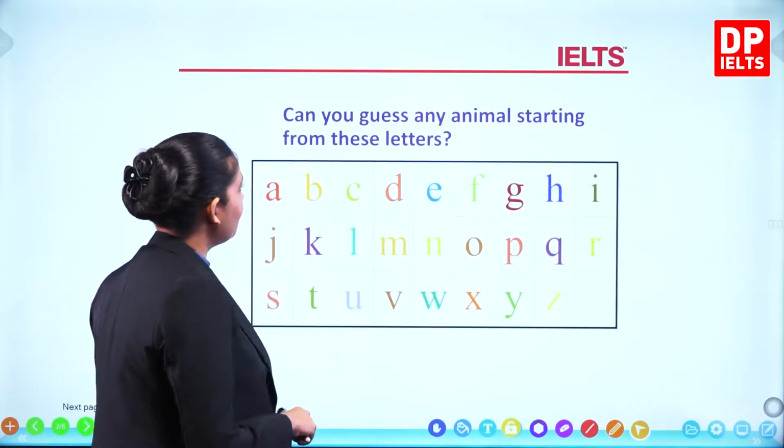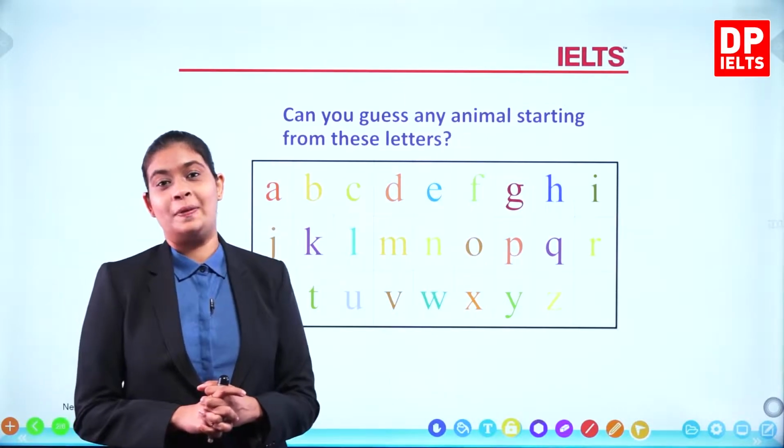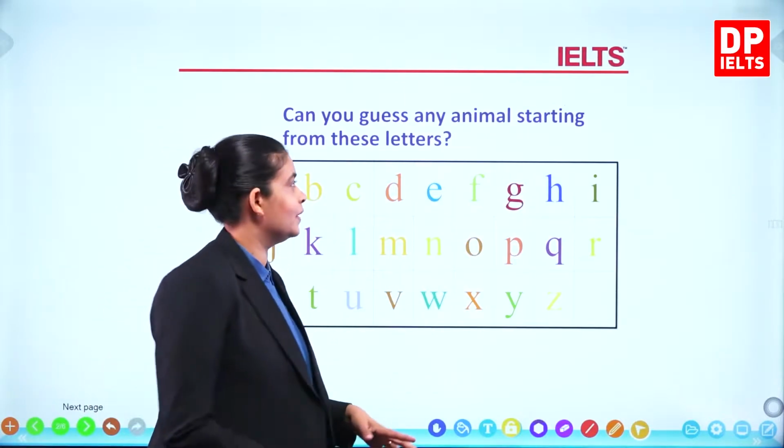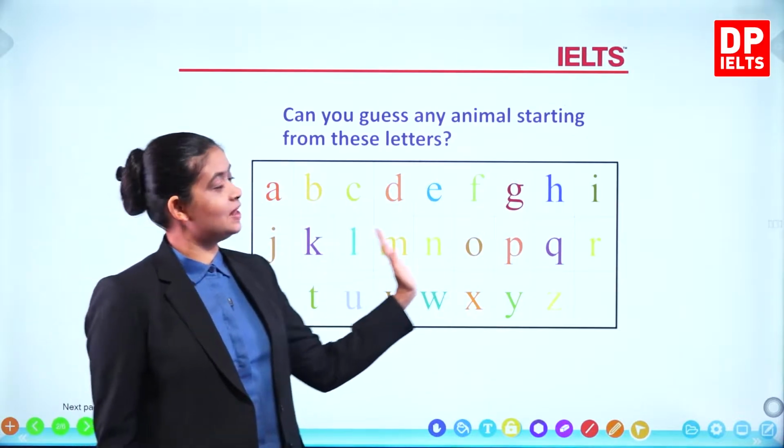So, before we start the lesson, I want you to take a pen or a pencil and a piece of paper. And can you guess any animal starting from these letters?